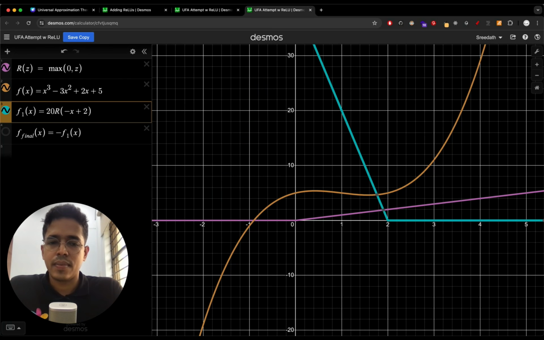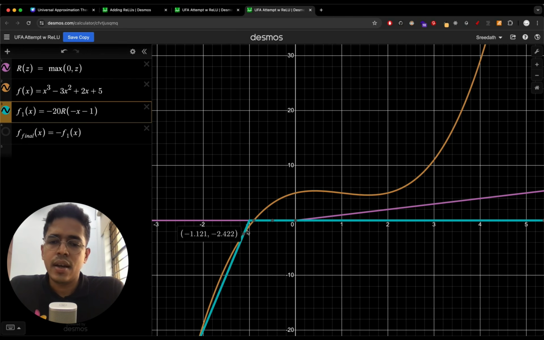Minus x minus 2 or minus 1, and the slope was minus 20. How about this? Then this part is approximating the function really well, right? So this looks good. The transition is happening at minus 1, and there is a straight line over here. I can also use 2 ReLUs here instead of 1 ReLU, but for now this looks fine.